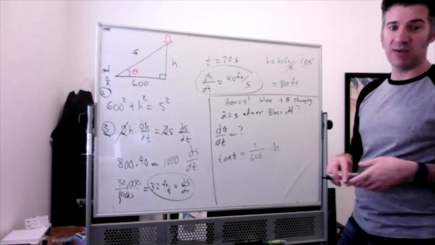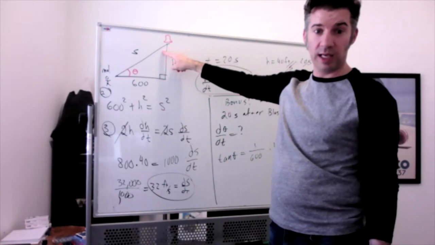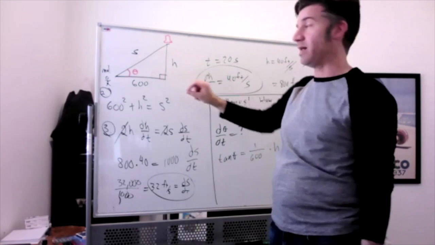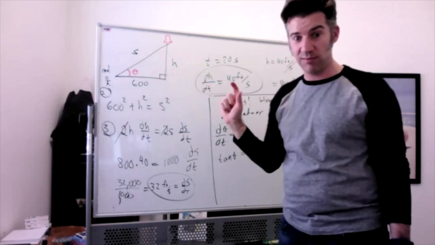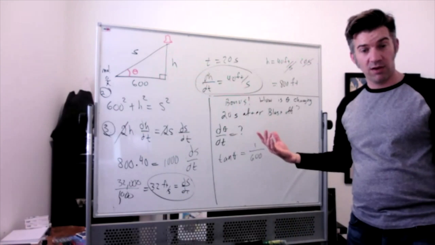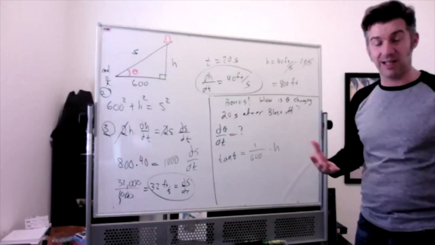But if for some reason I was talking about this angle instead, I would actually use cotangent, because cotangent of this angle is h over 600, and I'd rather use the trig function that makes my variable be in the numerator, right? Because if my variable is in the denominator, I have to use the quotient rule. I'd rather not, and I don't have to.